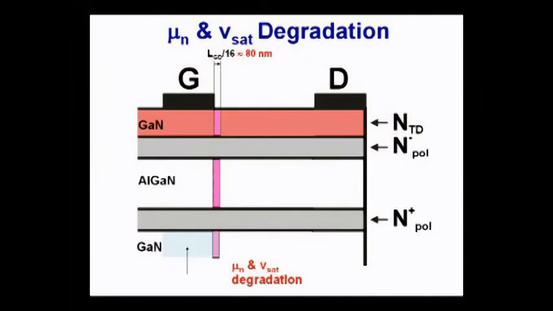The only way we could reproduce the degradation modes in the case of off-state stress is that of considering a small region close to the gate with a significant degradation of the transport parameters of the channel.